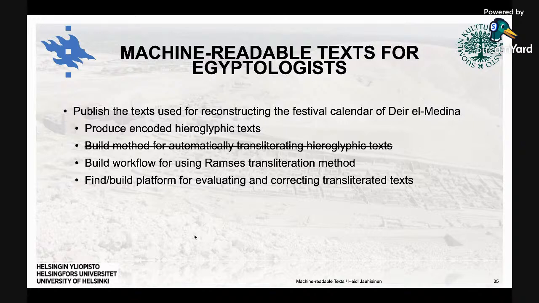But I will need to develop a workflow for producing the transliterations with the Ramses tool as automatically as possible. A manual encoding text should be read from a file and the transliteration written out to another one. And I will also need a platform where I can compare the hieroglyphic or hieratic text with the transliteration and make the corrections.